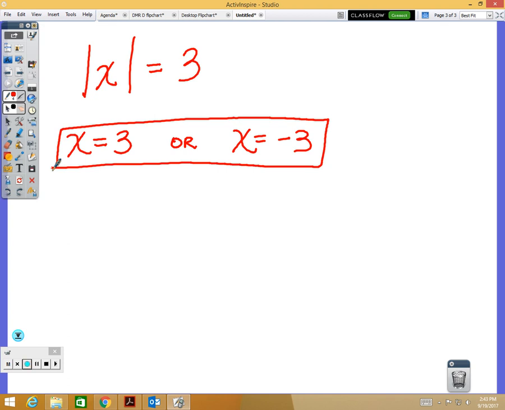What I'm saying is every solution we're going to have today is going to have 2 possibilities, but the 2 possibilities are not always just opposites of each other, like 3 and -3 or 5 and -5. It's not always just like that. This one is 3 and -3 because there's nothing we're doing to this at all. There's not any steps in this equation besides just having the absolute value signs. Okay.